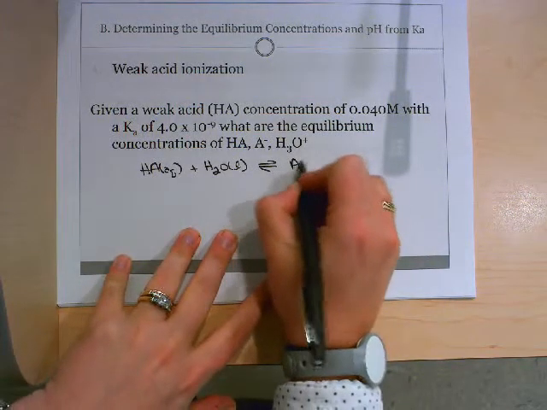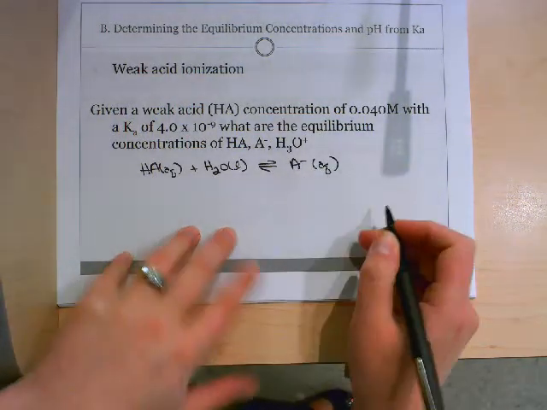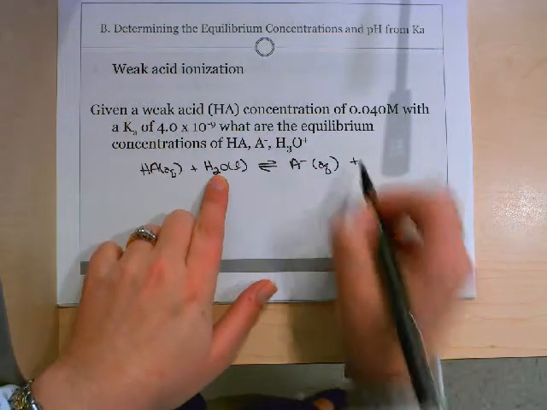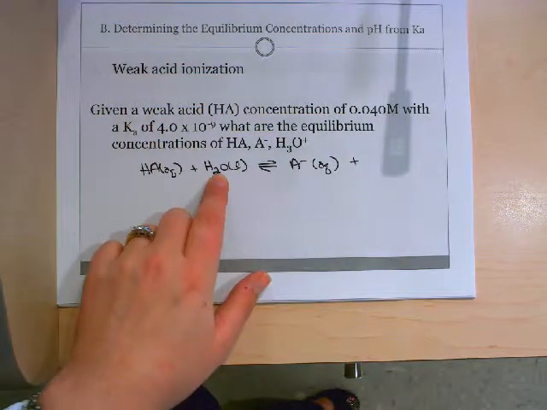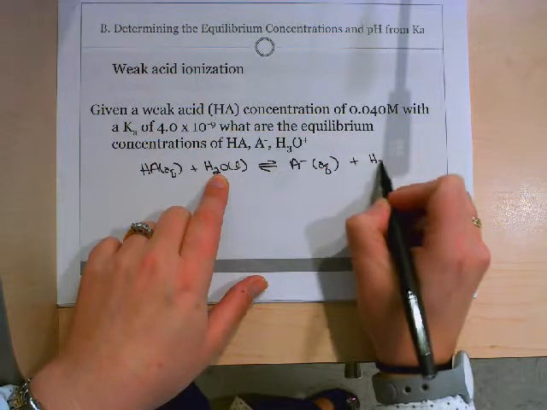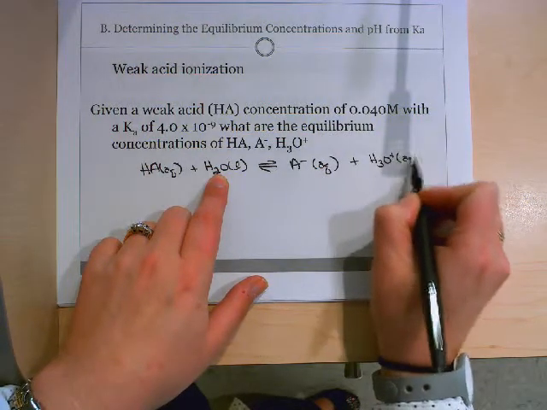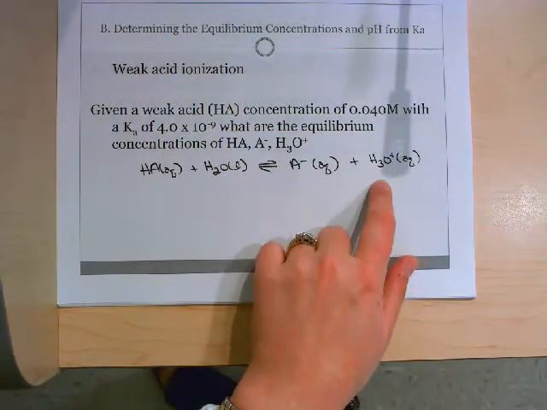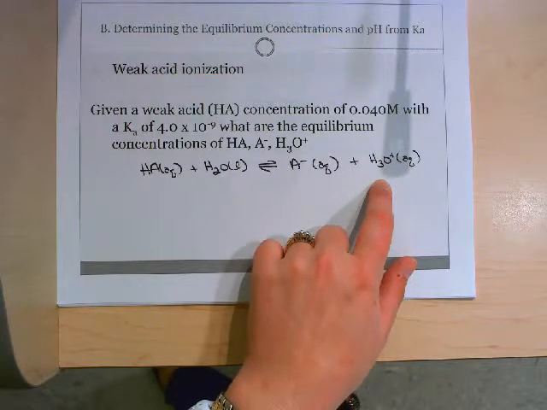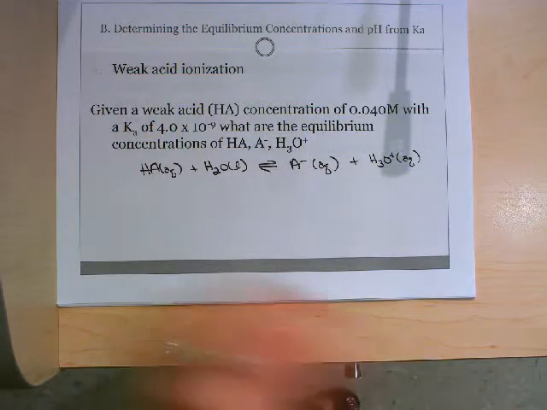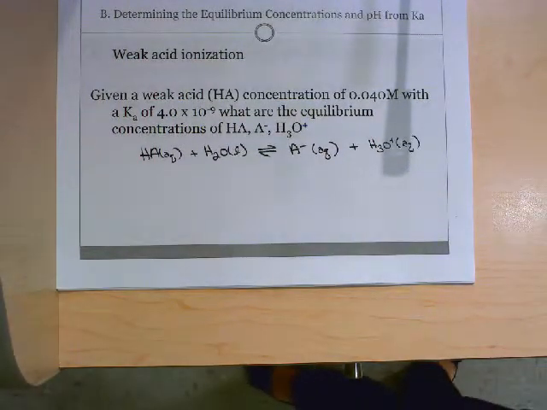Yep, A minus, because it donates a proton. Water has received that proton, so what is the other product? This guy, H3O plus, right? That's how you know it's an acid reaction. It makes some acid, not like drugs acid, like it makes a hydronium. Alright, so now we're ready for an ice chart.